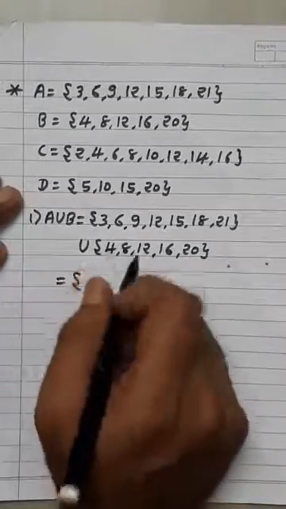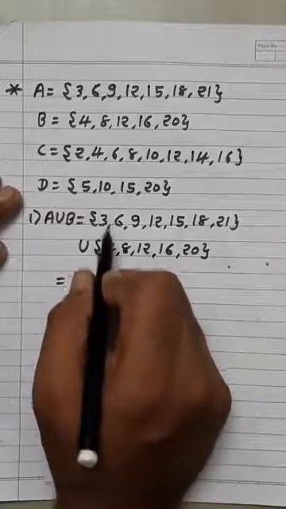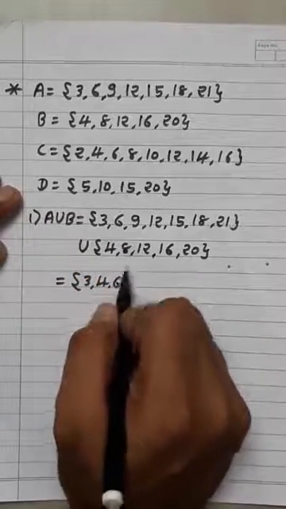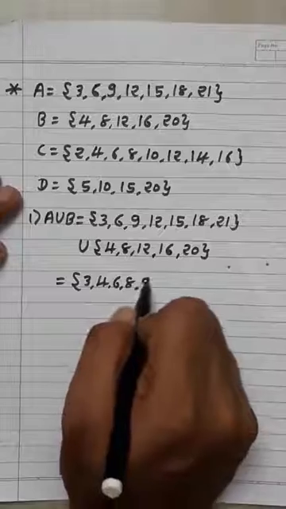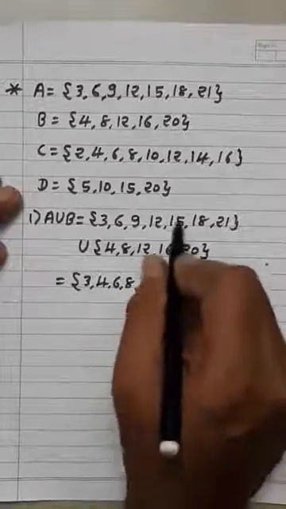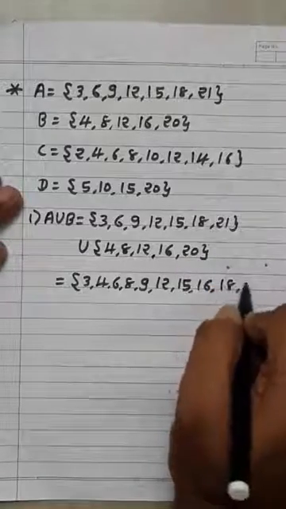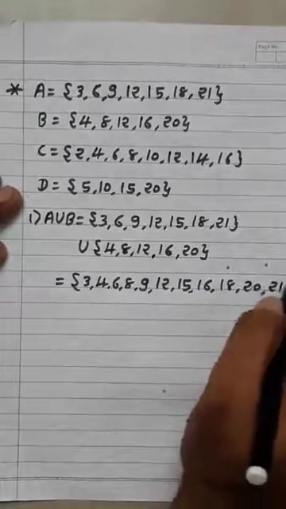So A union B is 3, 4, 6, 8, 9, 12, 15, 16, 18, 20, 21.